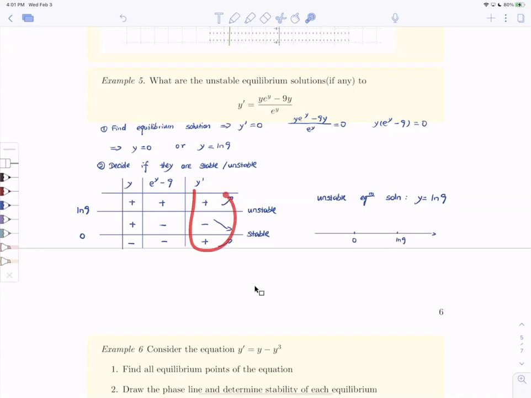Decide if they're positive or negative. Positive going this way, negative going this way. So that means this one is unstable. And positive going this way, so two arrows going towards 0, that means this one is stable. It's basically the same thing, just two different forms: one is a graph, one is a table. It's really up to you which one you want.